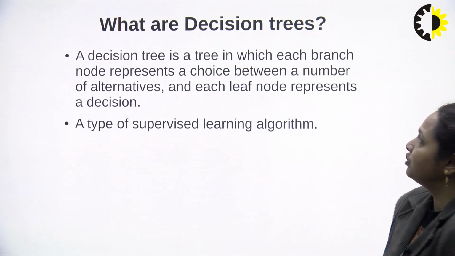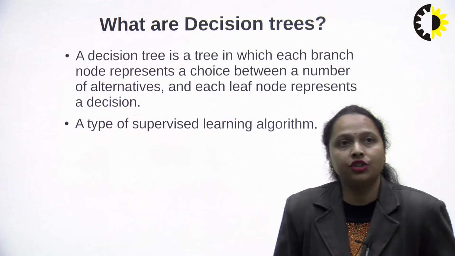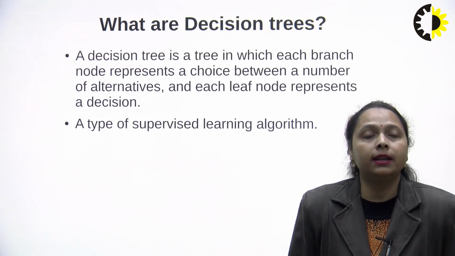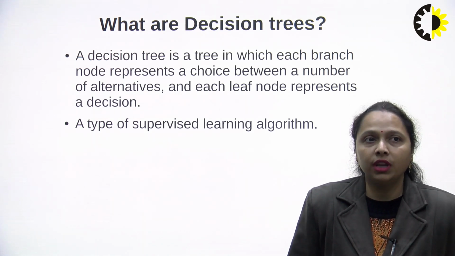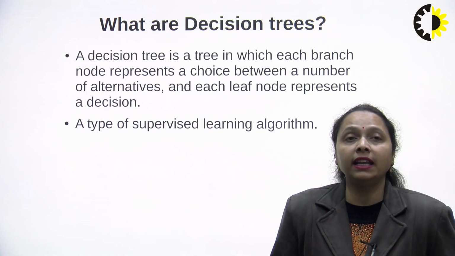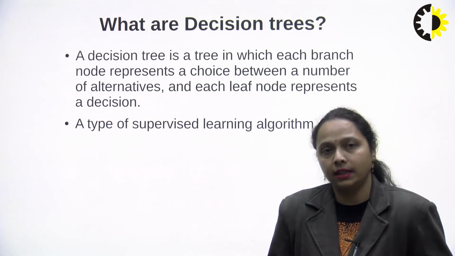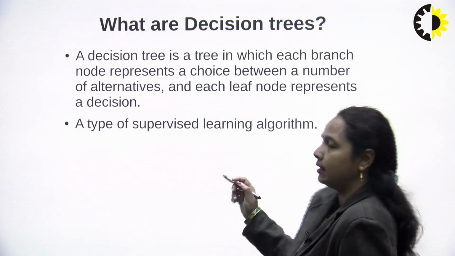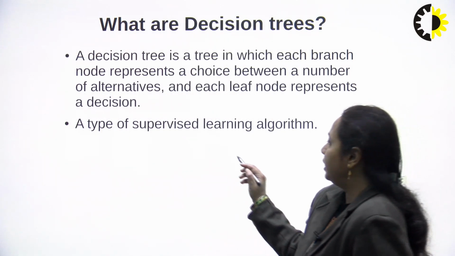So what are decision trees? As per the definition, a decision tree is a tree in which each branch node represents a choice between a number of alternatives and each leaf node represents a decision. As you have studied in data structures, we design a tree.